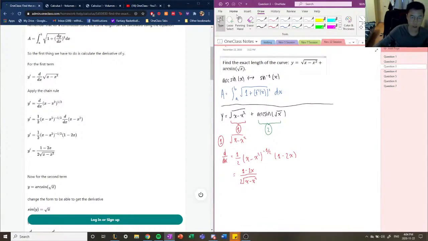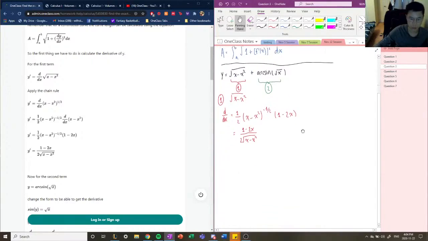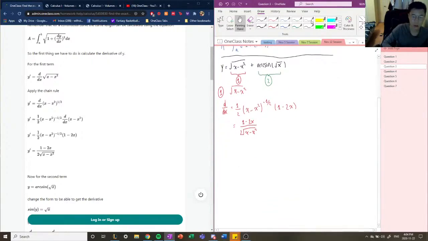Let's just move down a bit. So 2. All right, so 2 is a little bit more complicated, but we're going to get through this together. So we have arcsine of root x.